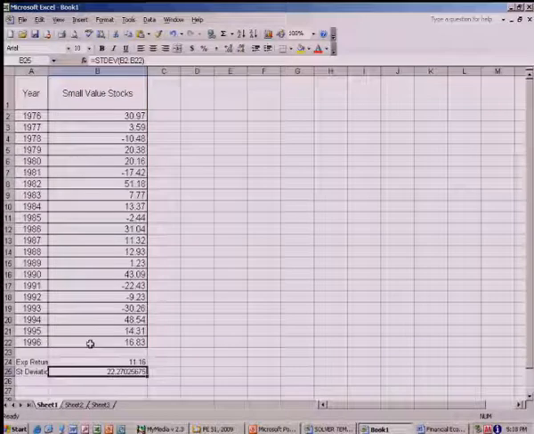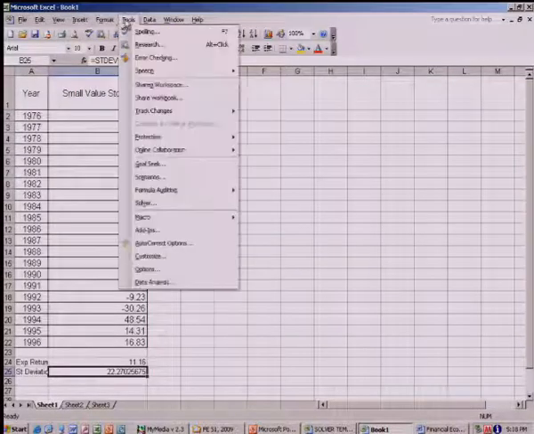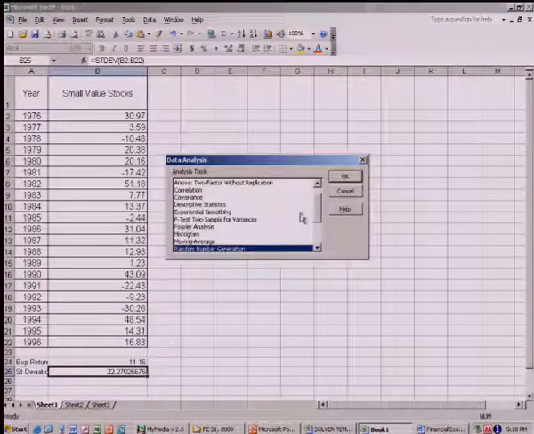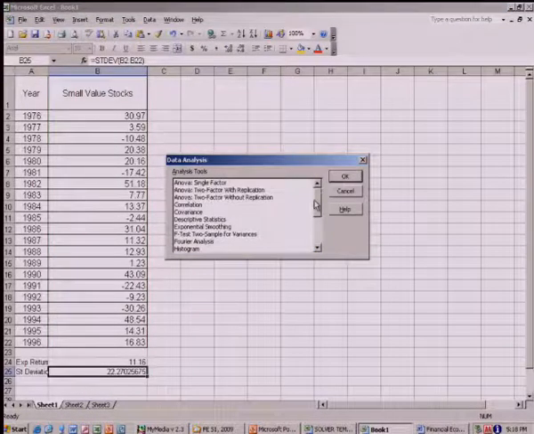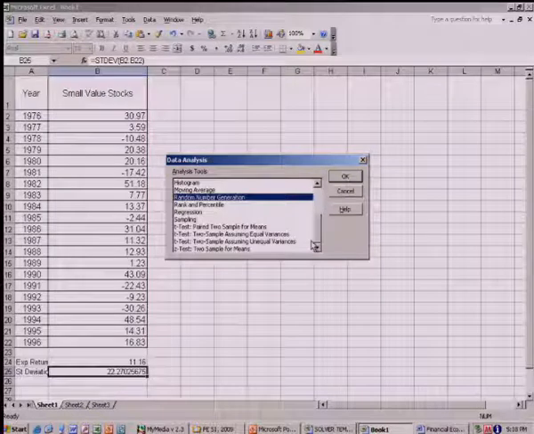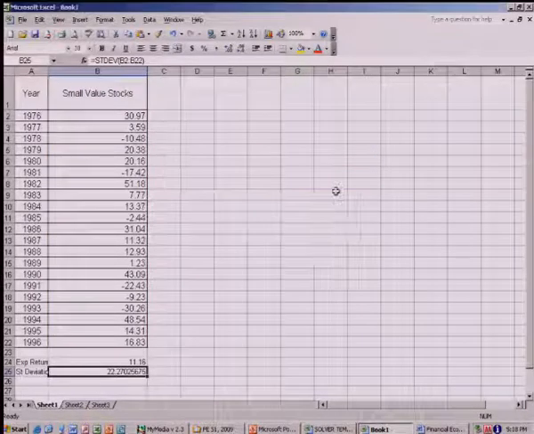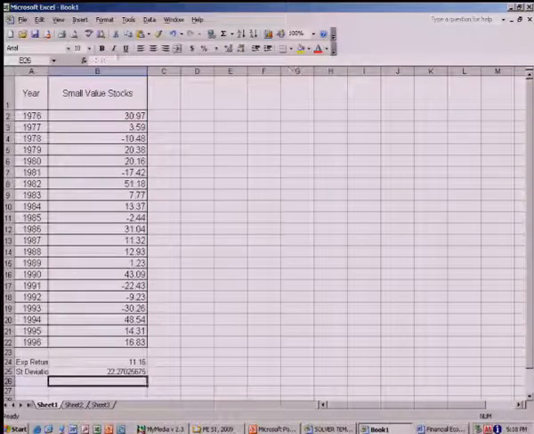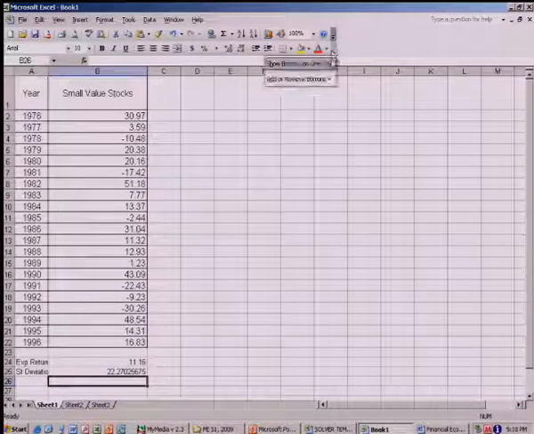Some of you might actually go into the tools and data analysis. In the data analysis window, there is a tool that you can use to find the standard deviation. Is it there? It's not this one here. It's a function key. So if you go to the tool menu, if I can see it now, that would be great.